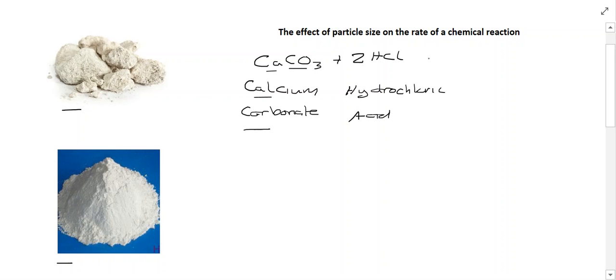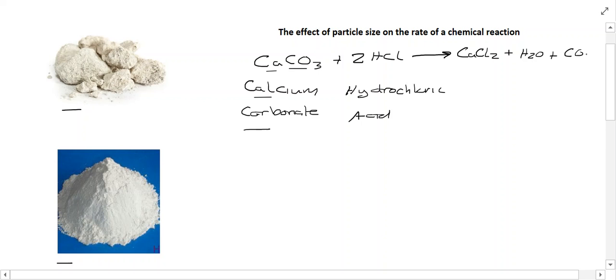What's going to happen is these will react with each other and produce 3 products. It'll produce calcium chloride, CaCl2, plus water, H2O, plus carbon dioxide, CO2.